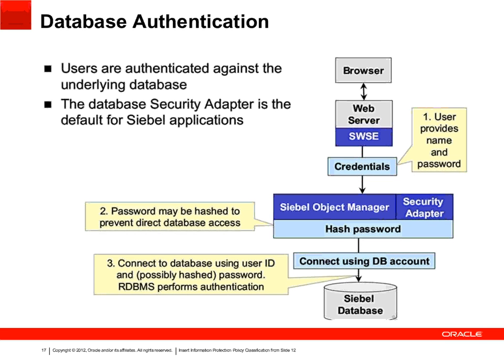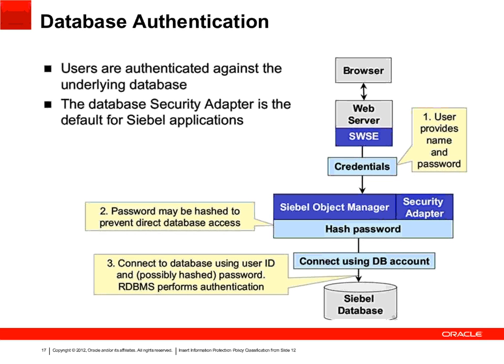Now, if you look at the figure for how database authentication flow takes place, once the user provides the credentials in a browser, those will be passed to the Application Object Manager. Application Object Manager will invoke the database security adapter, which will validate the user in a database, very importantly, along with the proper roles. Once it verifies, it allows the user to log in.